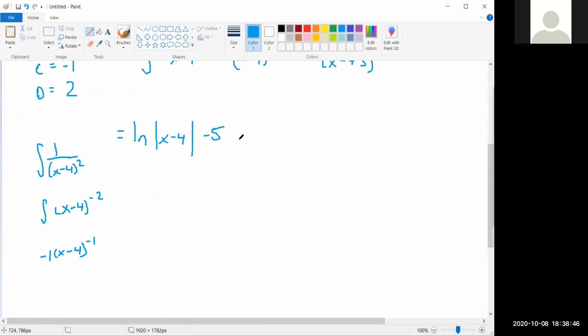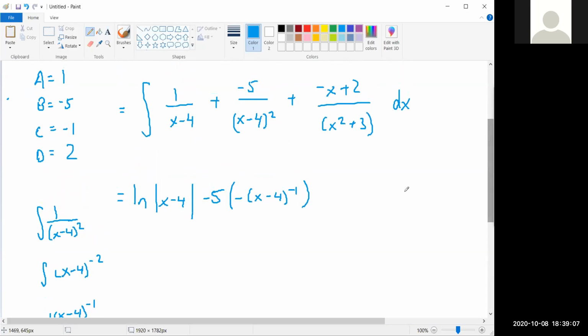So it's -5 times -1. Well, it's just negative x minus 4 to the -1 power. Okay, so that's the second integral. Let me just simplify this. This is +5 x minus 4 to the -1 power.